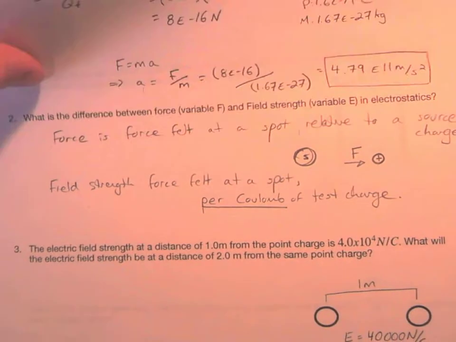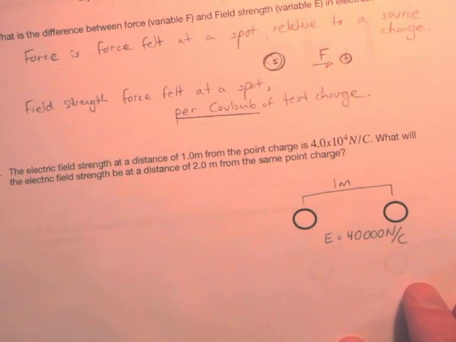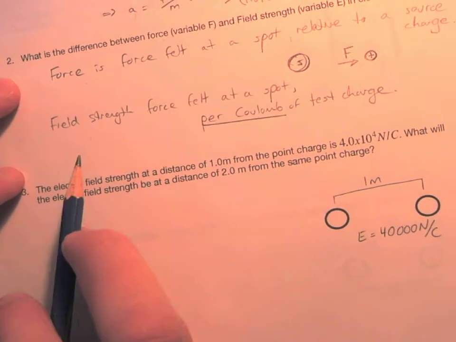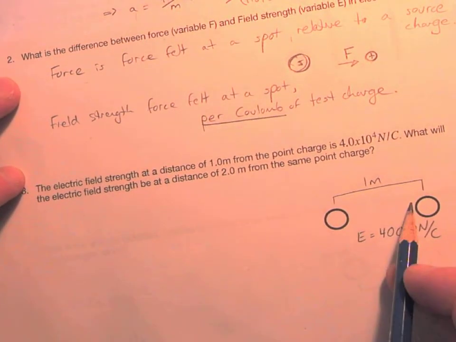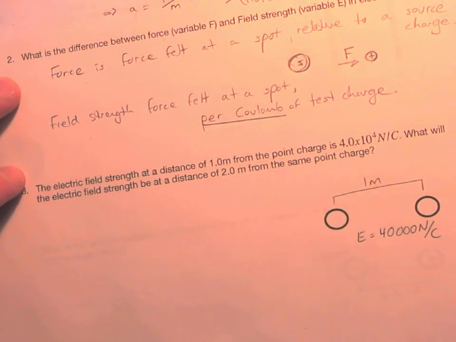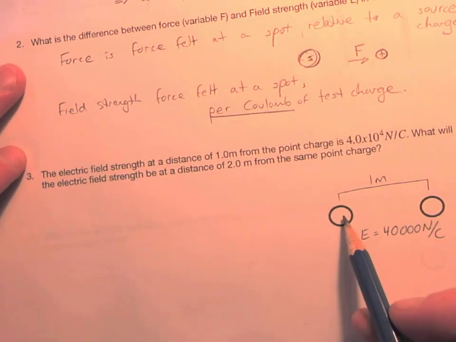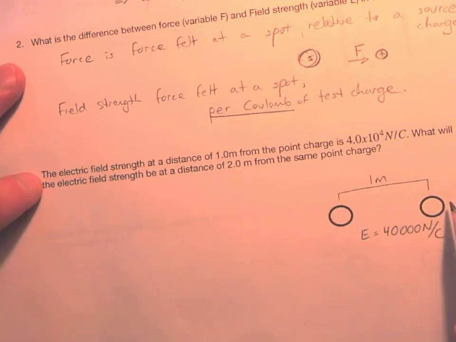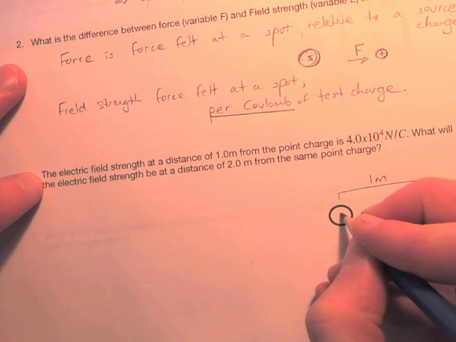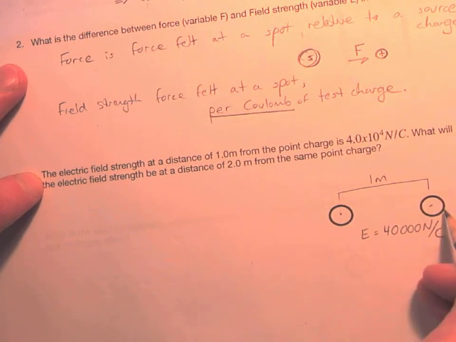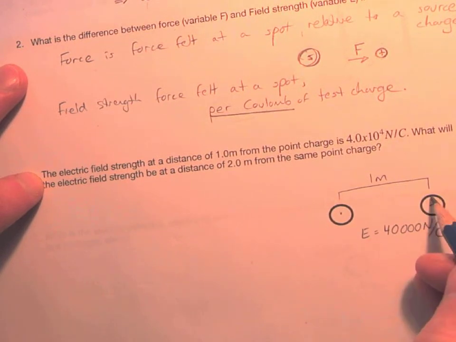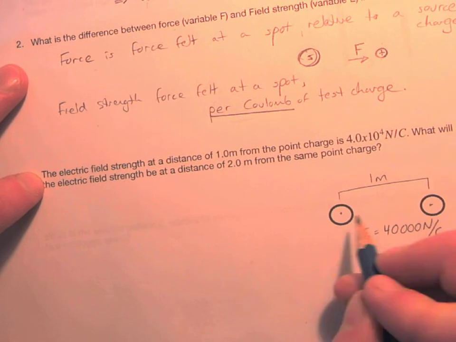Alright, question 3. Here's a field question. The electric field strength at a distance of 1 meter from the point charge is 40,000 newtons per coulomb. Okay, so the electric field strength, say here from this one, is 40,000 newtons per coulomb of that this test charge has from this spot.